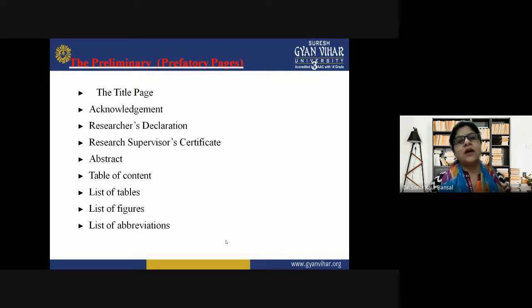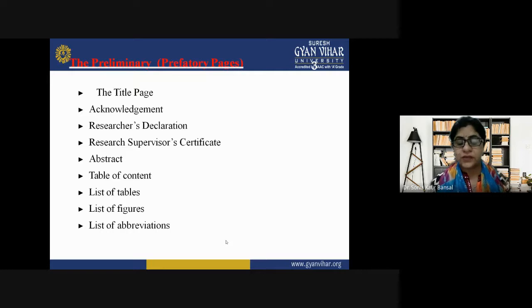These are must-have preliminary pages when you come to writing your research report. It is really important for you to organize all these preliminary pages in a very interesting way, as well as, as I repeatedly say, accurately, without any spelling mistakes or structural mistakes.